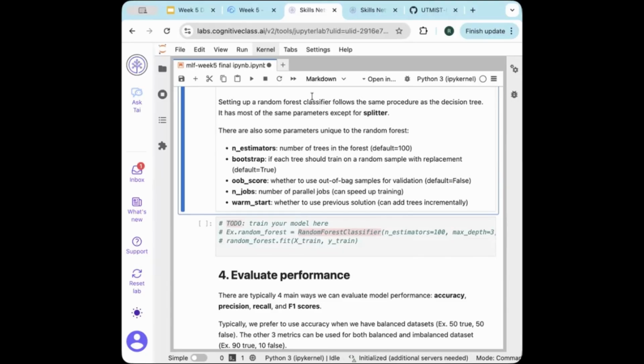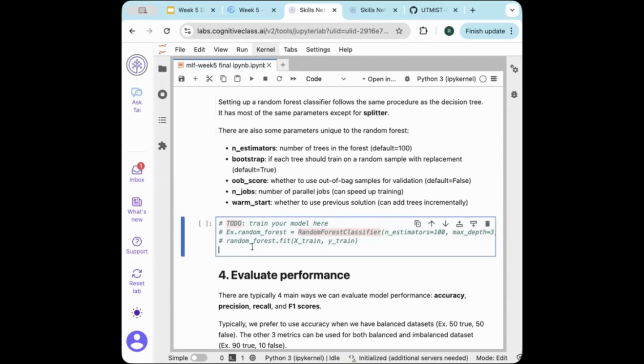Bootstrap is whether each tree should train on a random sample with replacement, and the default is true, so we're going to keep that. There's also out-of-bag samples for validation, whether we should use them or not, and n_jobs, how many parallel jobs will be run at the same time to speed up the training, and so on and so forth. Okay, so let's go.